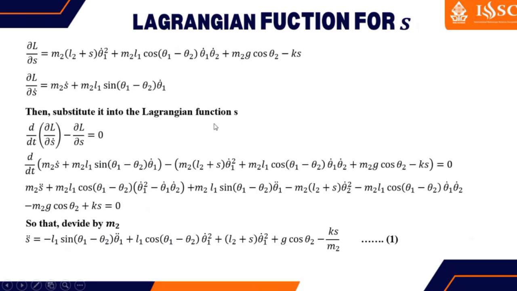Then we take the time derivative of the expression to get an equation involving S double dot. We also have S double dot on the left hand side, divided by M2, in the first equation.